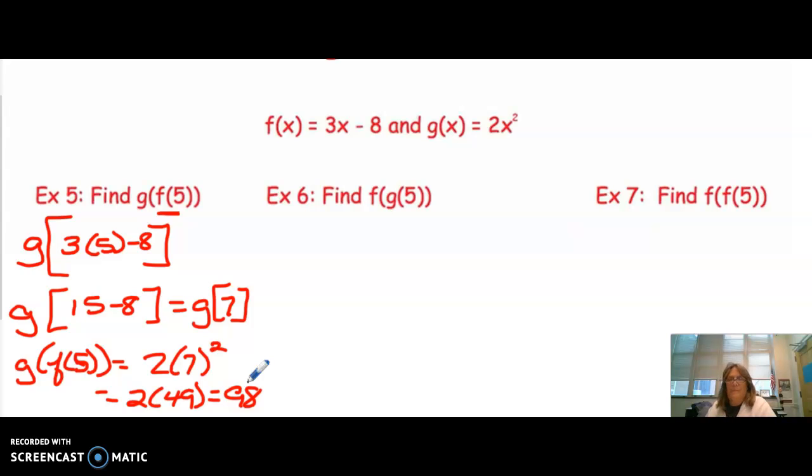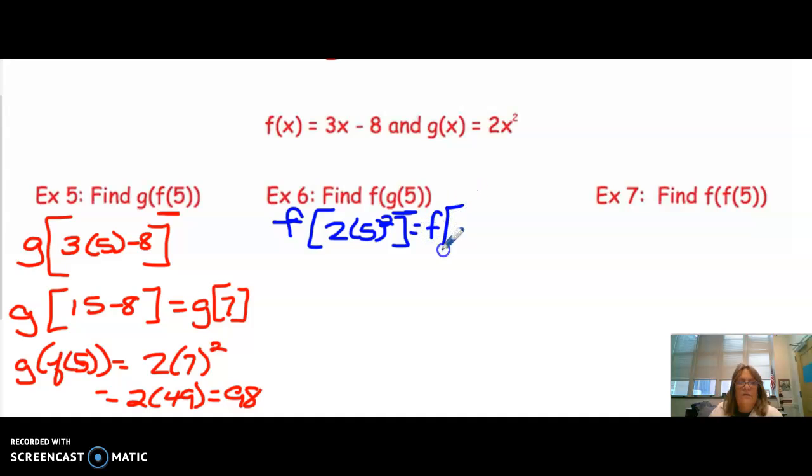For example 6, I'm taking a 5 and I'm plugging it in everywhere that I have an x in my g equation. So 2 times 5 squared. That's going to give me f of 2 times 25. So that ends up giving me f of 50.